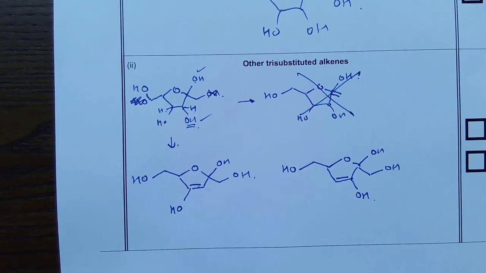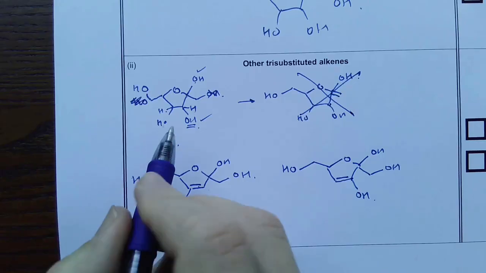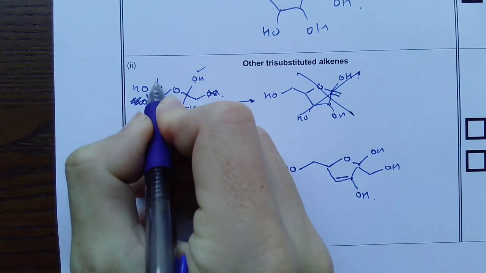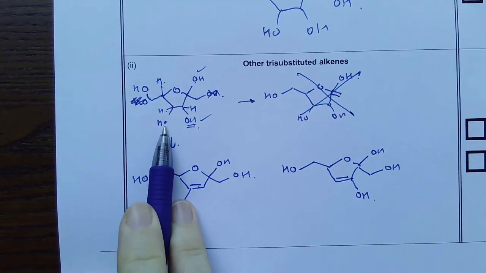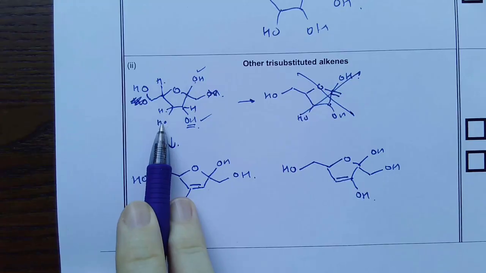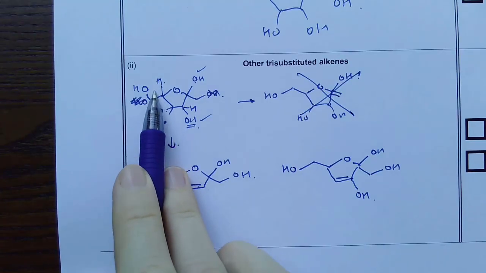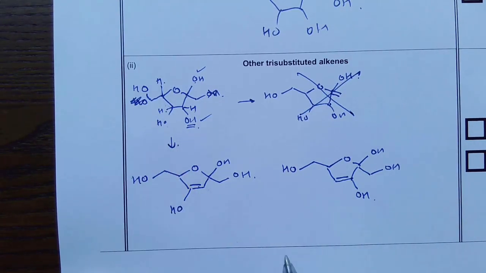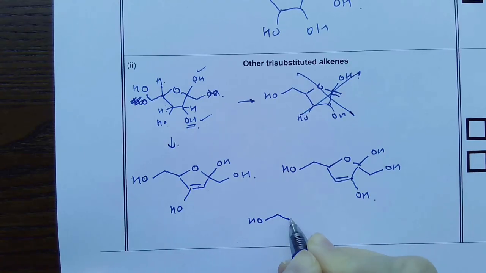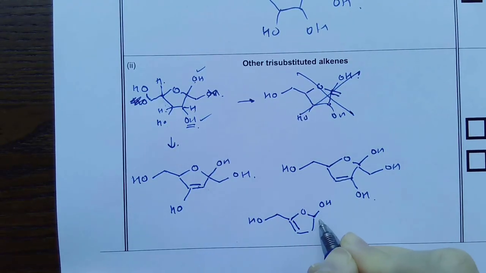And then we're not quite done because there's a hydrogen here as well, which means I can lose this alcohol and this hydrogen and form the double bond here. So I'm also going to have that one there, and then everything else the same.